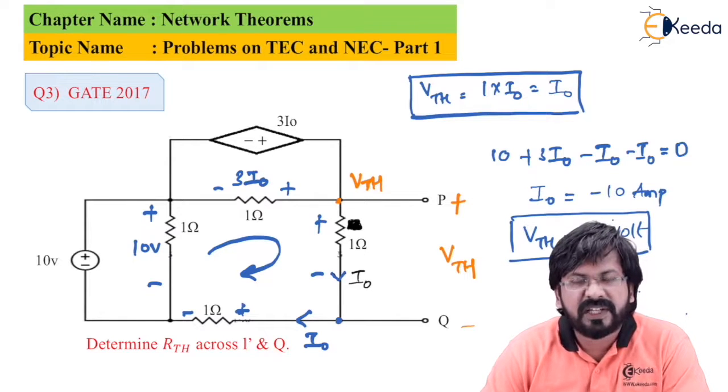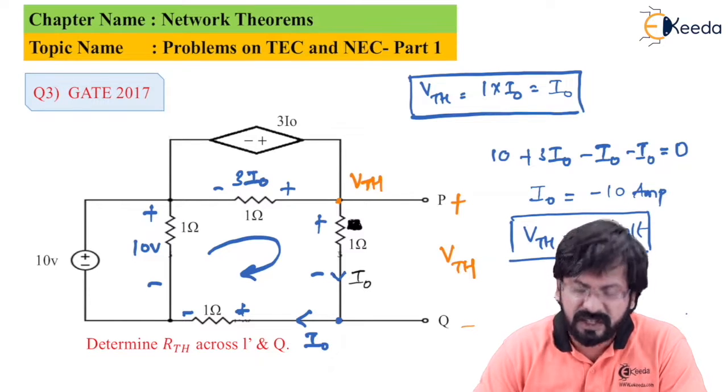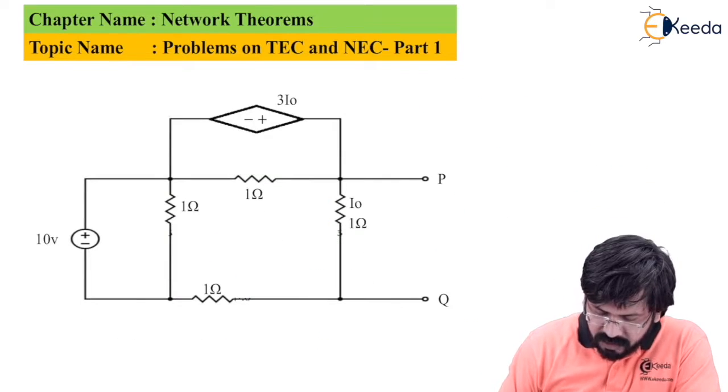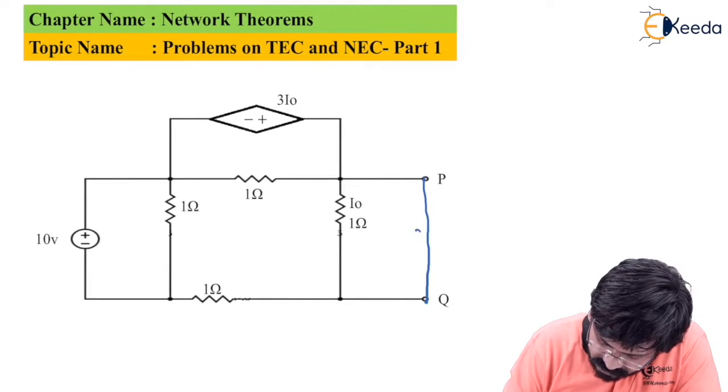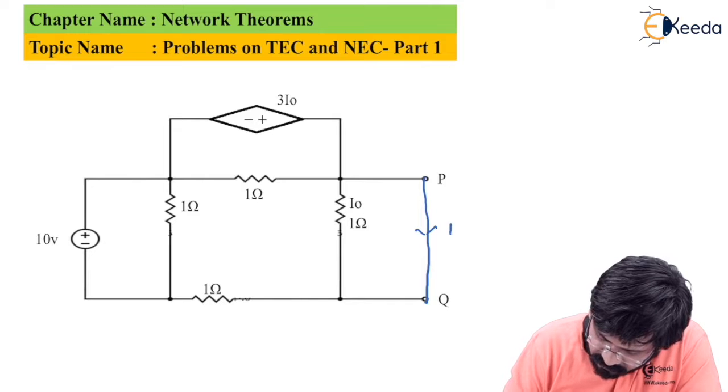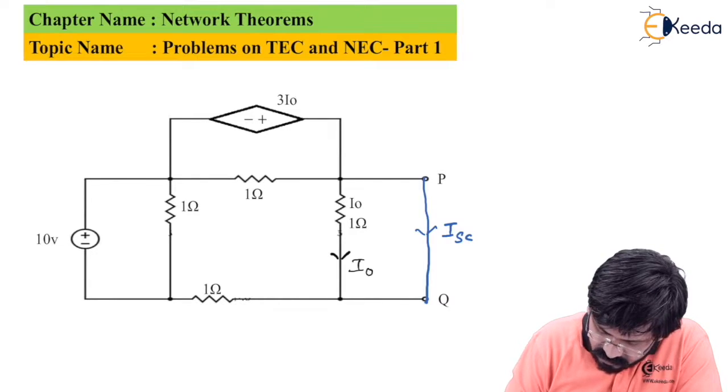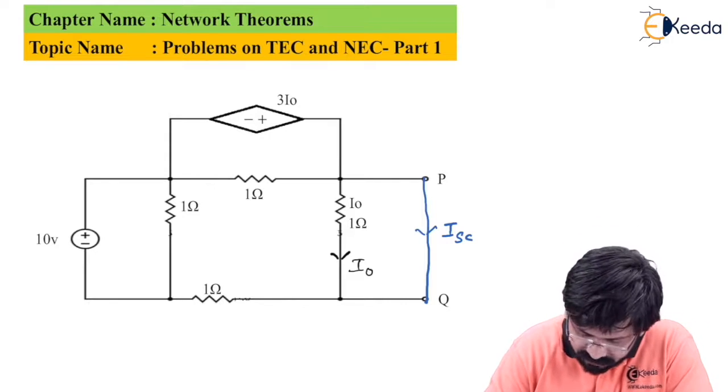Once we have VTH and ISC, we will take a ratio of them in order to get RTH. So now we will study how to get ISC. Let us short circuit these 2 points P and Q and find the current flowing from P to Q, which is ISC. This was the I0 current which was given in the problem itself.